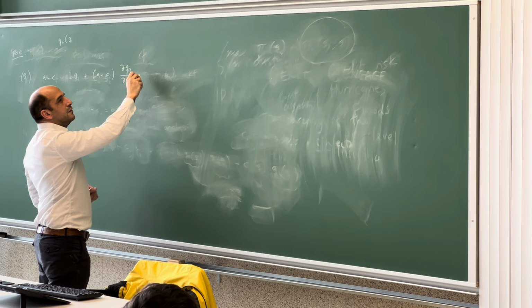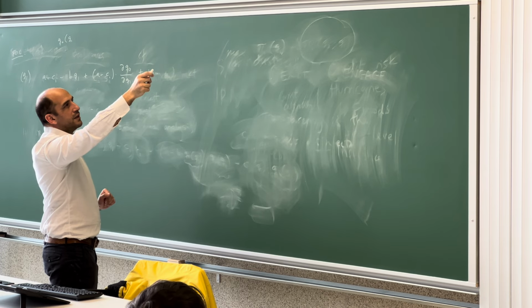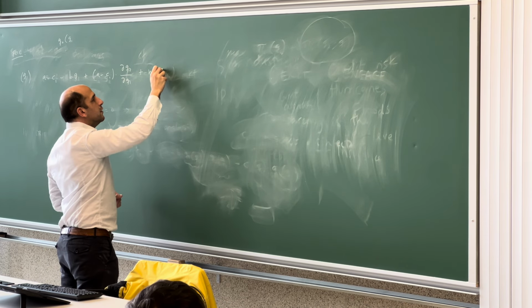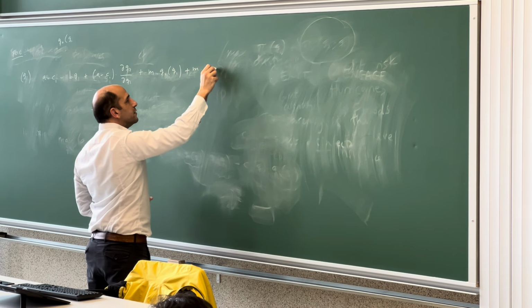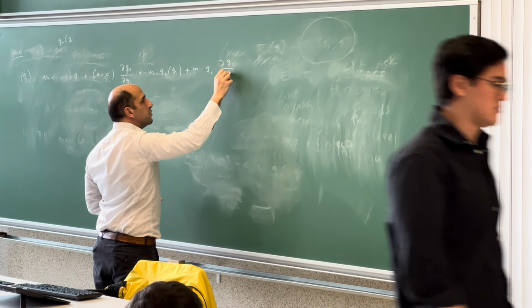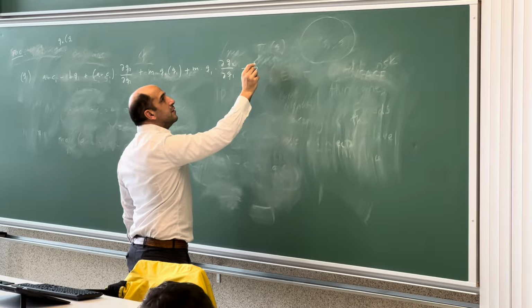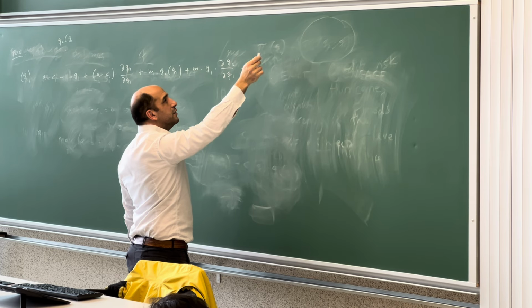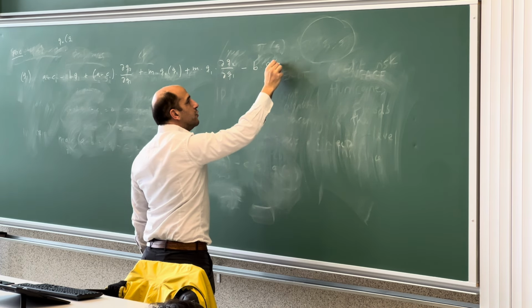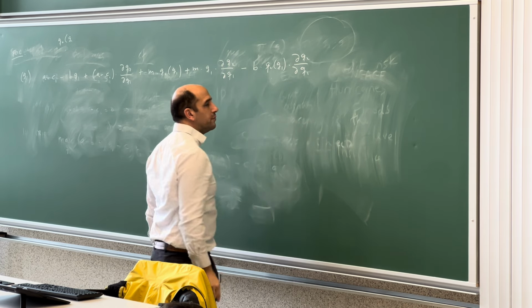Plus m times the derivative of Q1 times Q2 of Q1, plus m times Q1 times the derivative of Q2 with respect to Q1, minus b times 2 Q2 of Q1 over 2, so it's times Q2 of Q1 times the derivative of Q2 with respect to Q1.